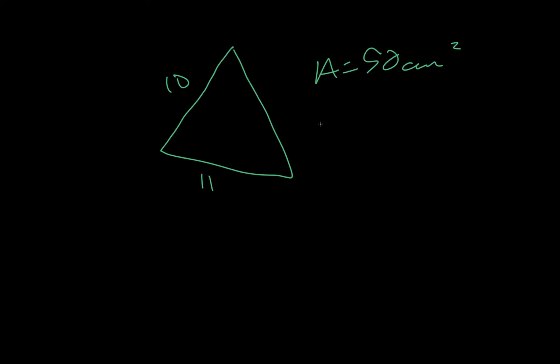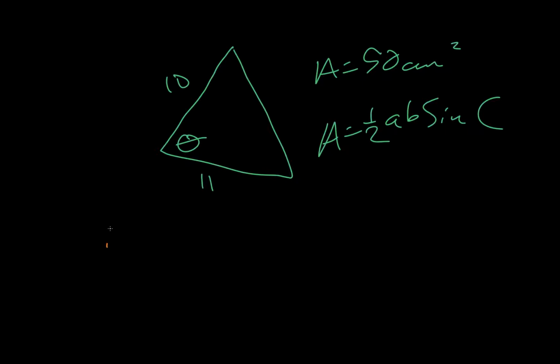Determine the possible measurements of the included angle. Give your answers accurate to 1 decimal place. Okay, so this would be the included angle. And so we go back to our A equals 1/2 AB sine C.